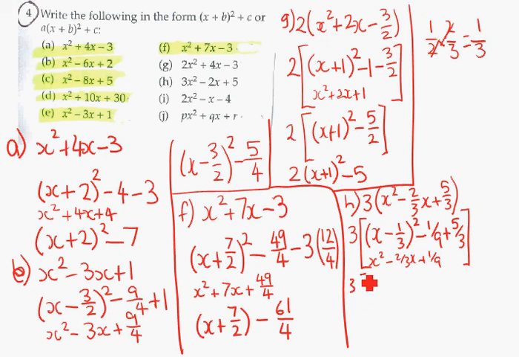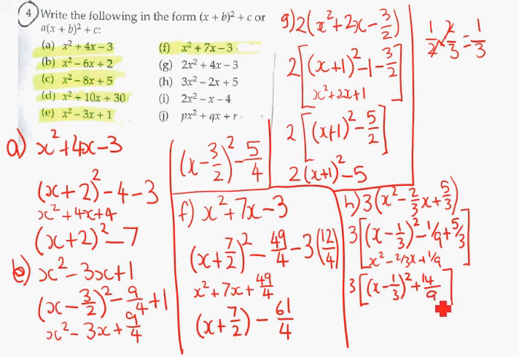Okay, so writing it a bit neater, we've got x minus a third squared. Now we can change this 5/3 into ninths by timesing by 3, top and bottom. If I did that, that would be 15, so I'd get minus 1 plus 15 would be 14 ninths.